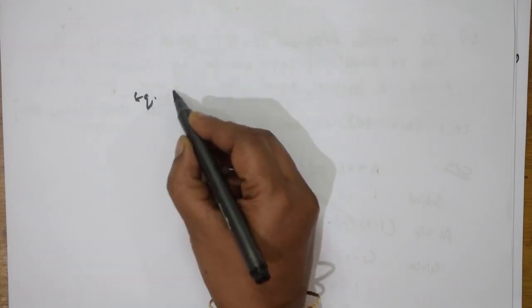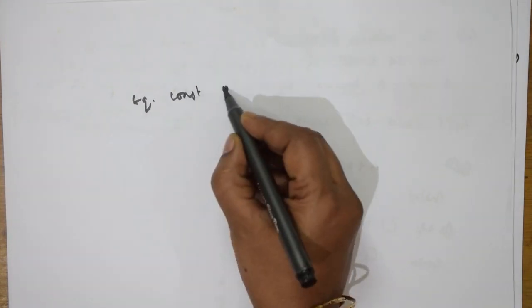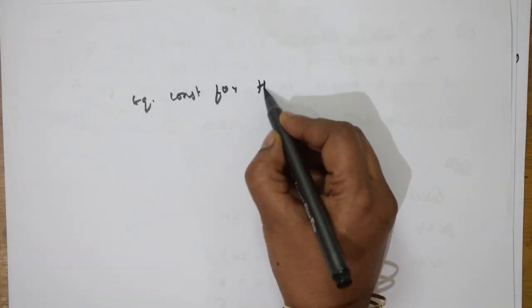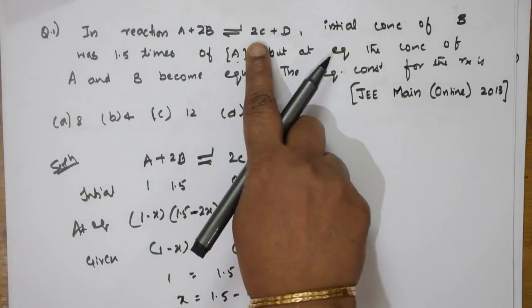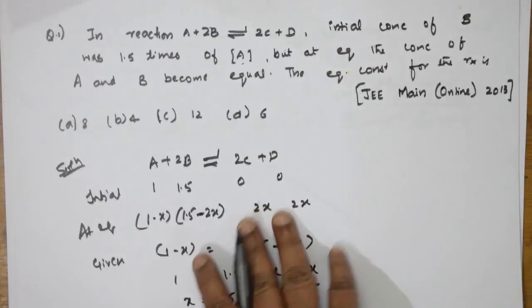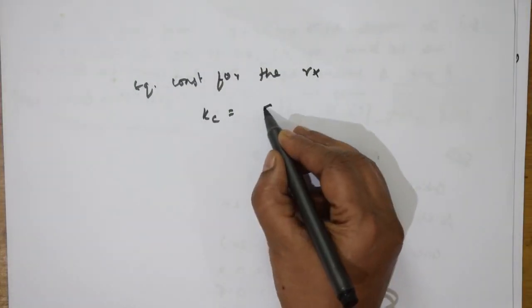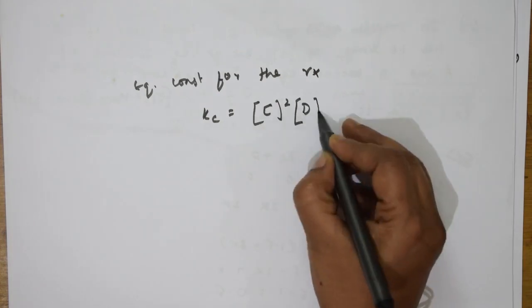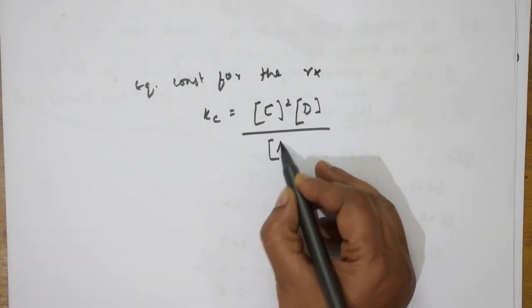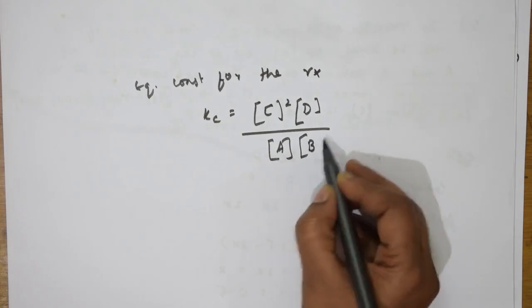Kc is equal to products by reactants, isn't it? Products raised to the coefficient, divided by the reactants. So the product is C raised to 2 times D, divided by A and B, and B was 2B, isn't it?